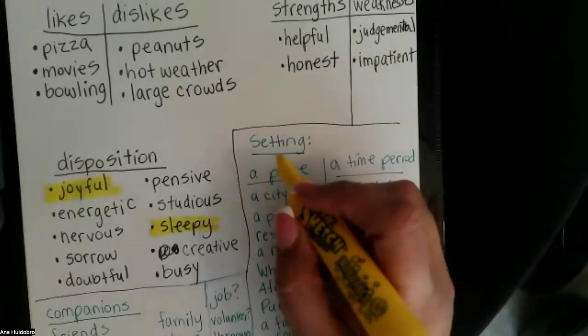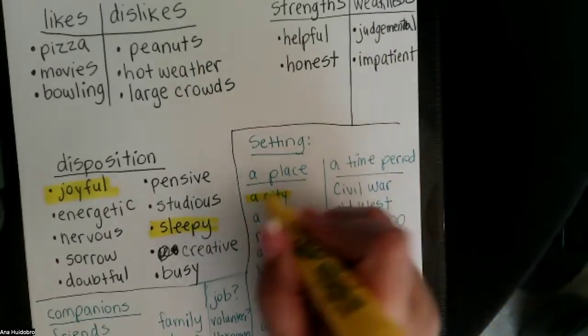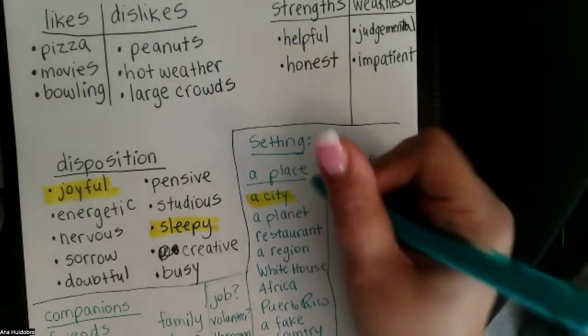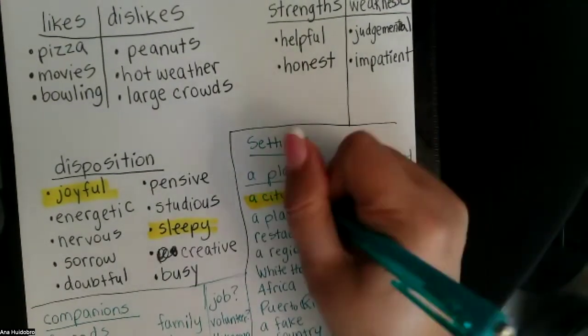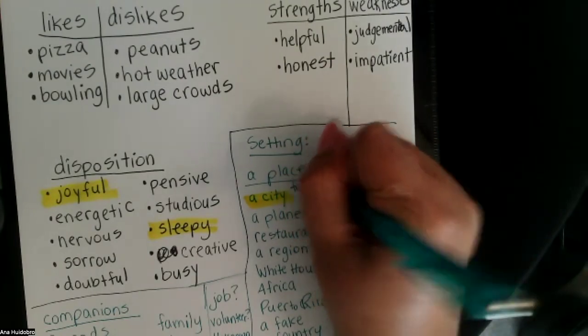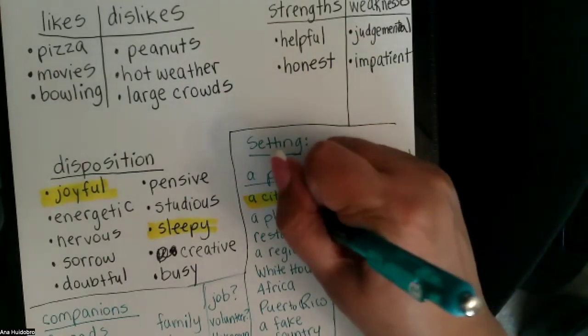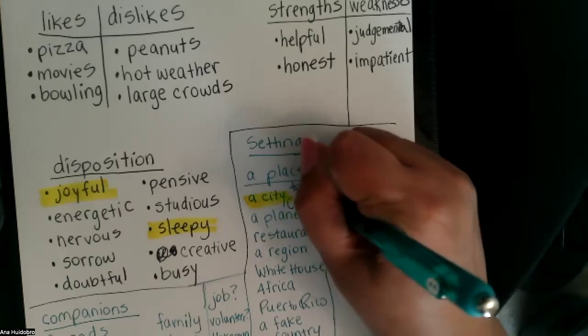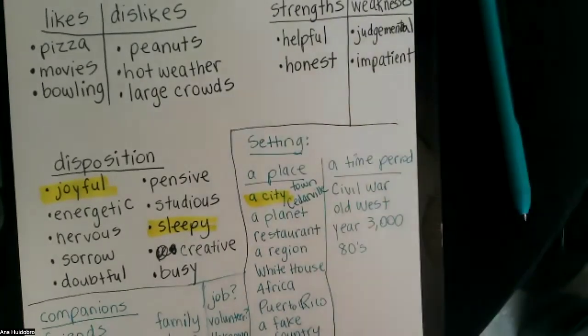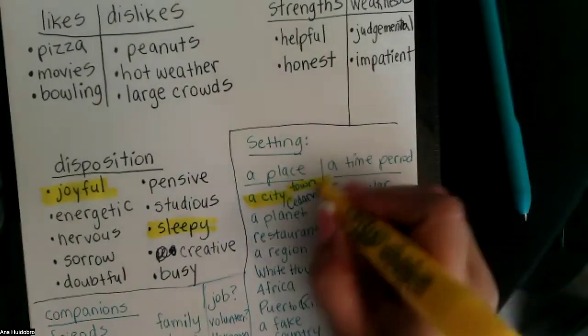I'm going to put him in a city, but it's going to be more like a town. I'm going to name the town Cedarville. I'm sure there's a real town Cedarville somewhere in America.